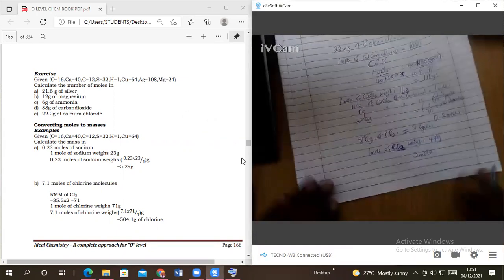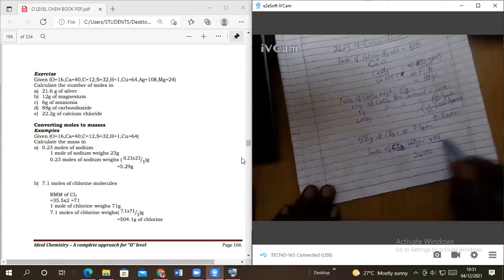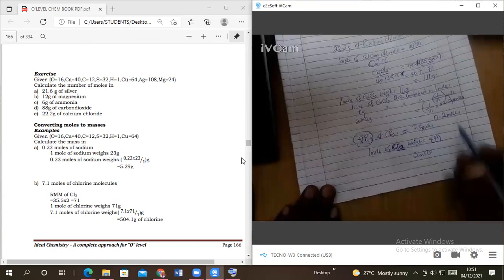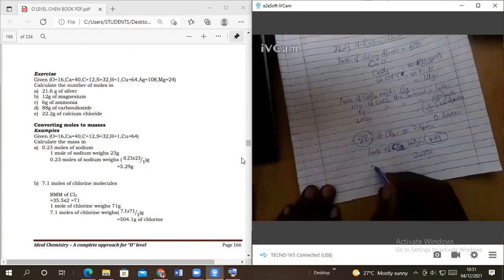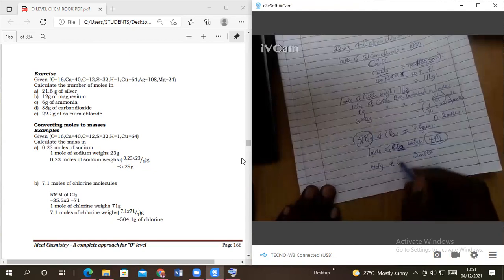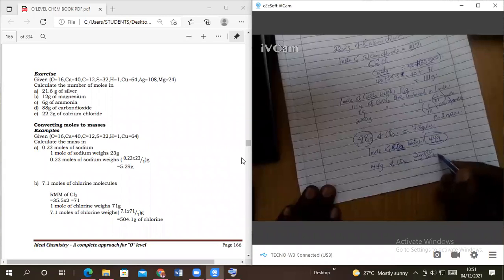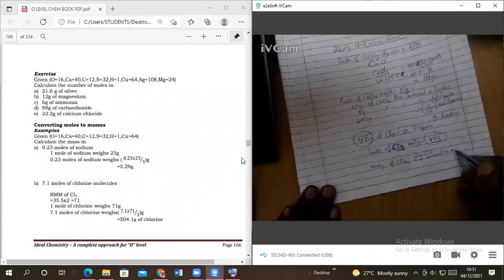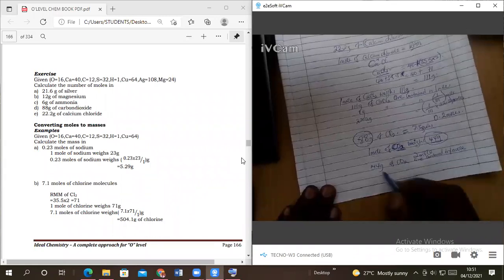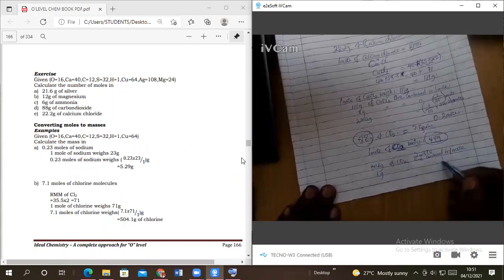What we say is 1 mole of carbon dioxide weighs 44 grams. Now, since they have given us grams, you start with the grams. So you say 44 grams of carbon dioxide are contained in 1 mole. What about 1 gram? It's the same as 1 out of 44 moles.